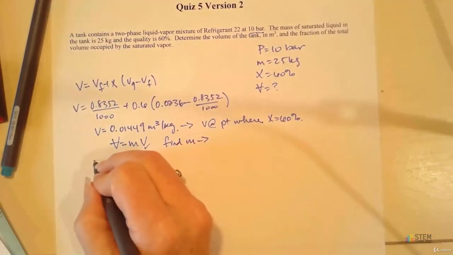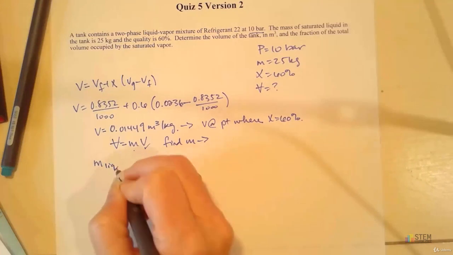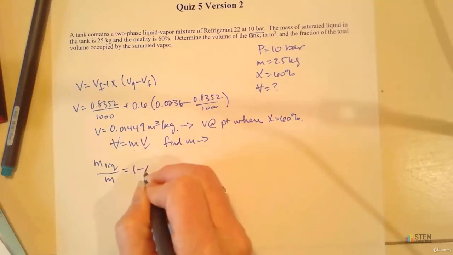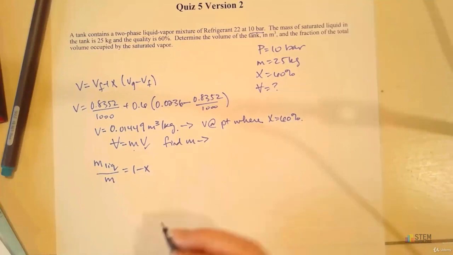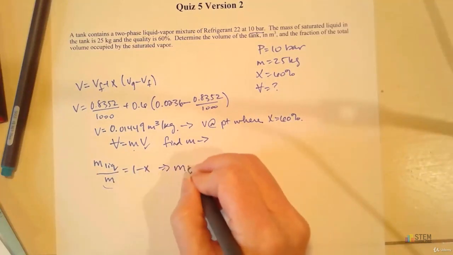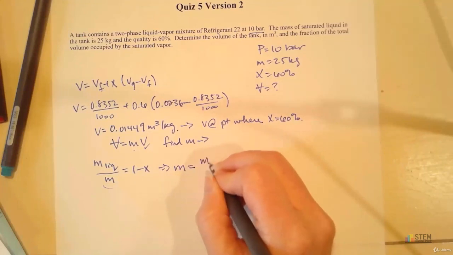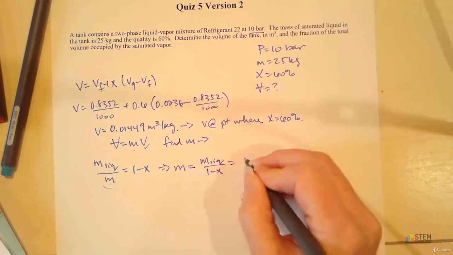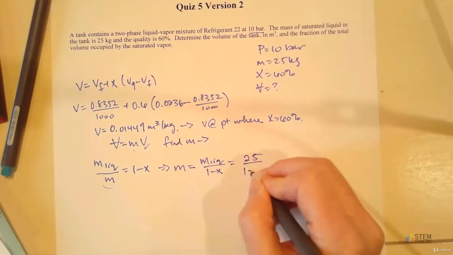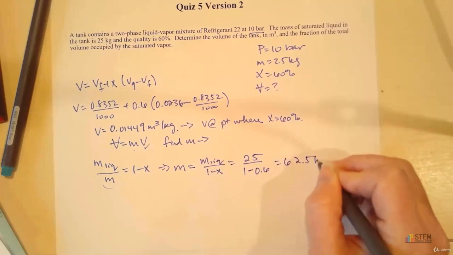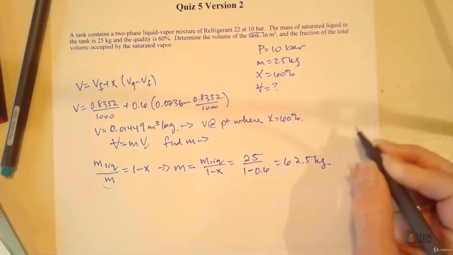If you remember, the mass of the liquid over the total mass has to equal 1 minus the quality. That means we can solve this for m, and that would just be the mass of the liquid over 1 minus x. Plug in your values, you're going to get 25 over 1 minus 0.6. That gives you 62.5 kilograms.